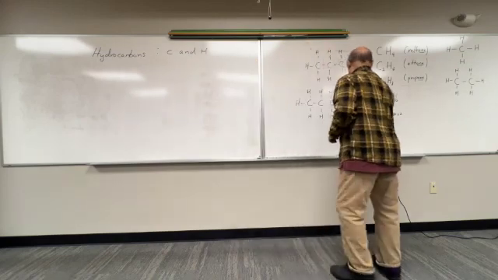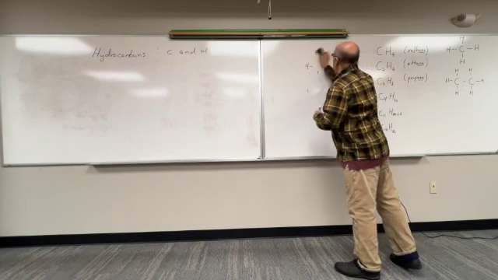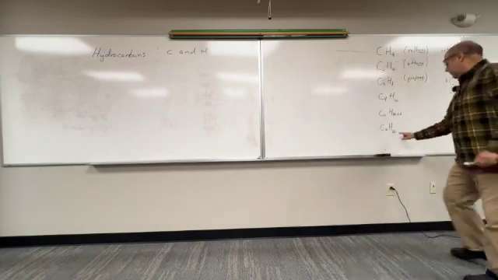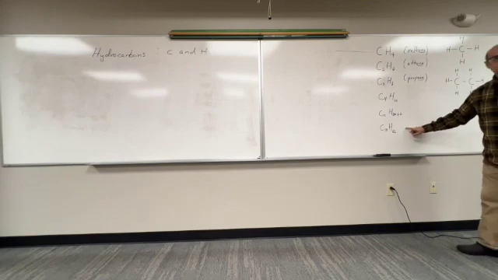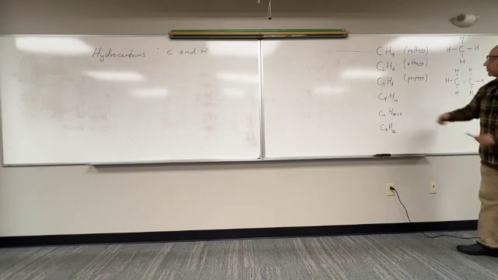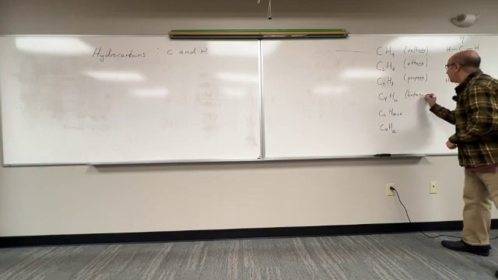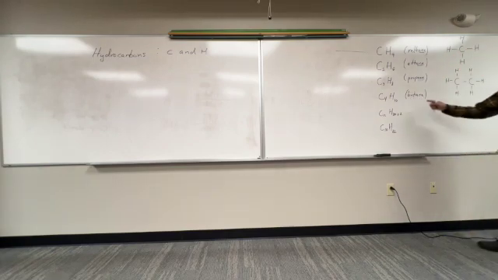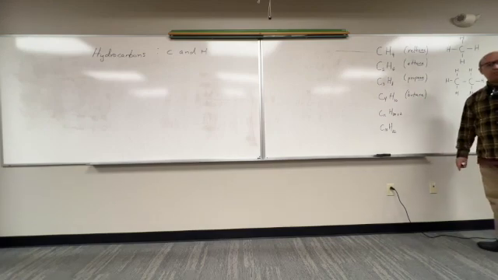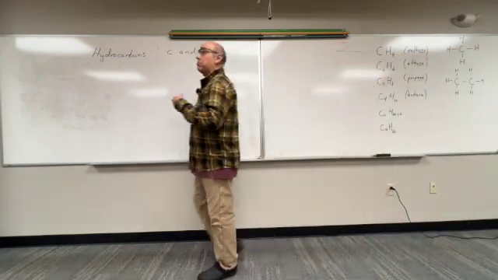Now, the name of a hydrocarbon with this formula has to end in A-N-E. After this one, I didn't give you the name, but this is called butane. After butane, it's really easy to name them because you use the Greek prefix that means a number.